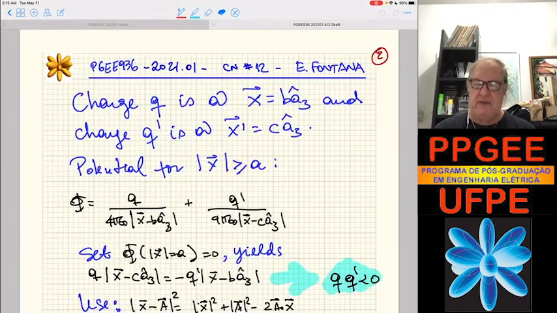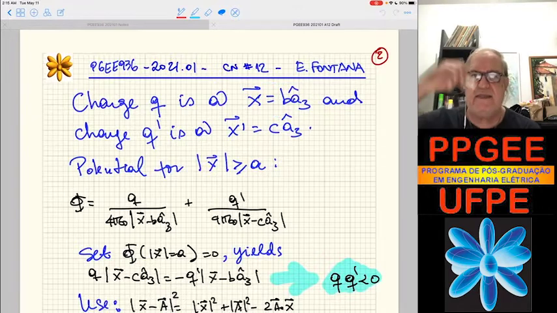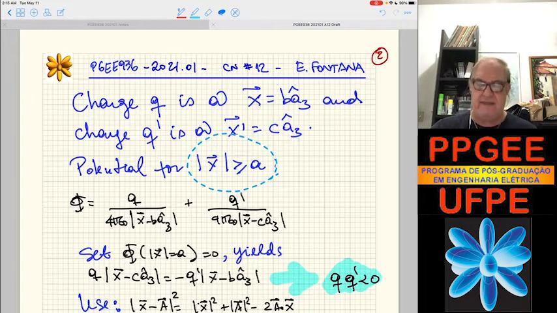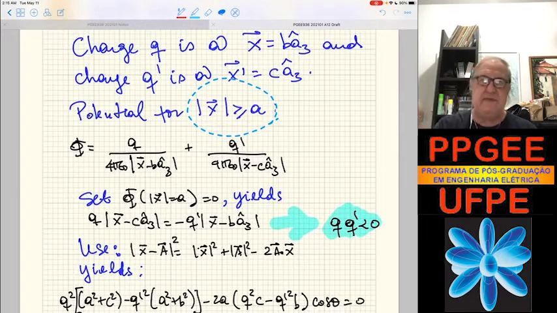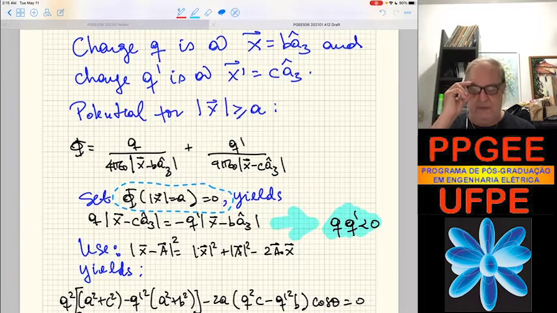Let's do it in vector notation. The original charge is at B AZ. Let's pass the z-axis on the charge, and Q prime is going to be at C AZ. So the potential for magnitude of x larger than A is the simple sum of potentials, right? And we are going to set the potential equal to 0 on the sphere.